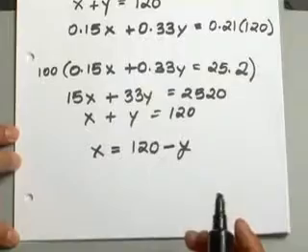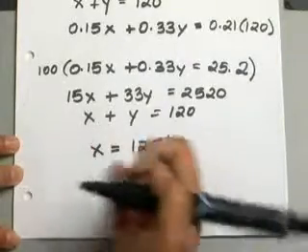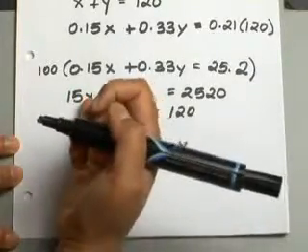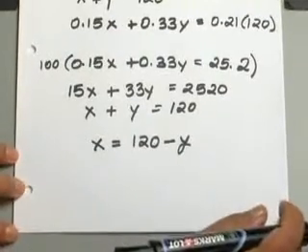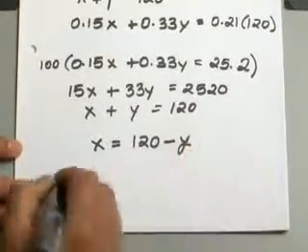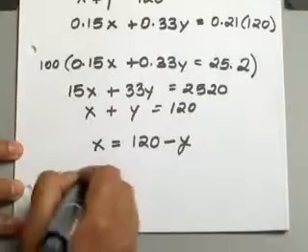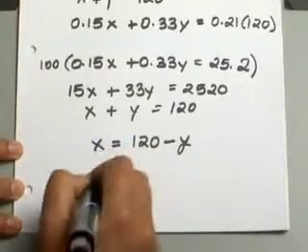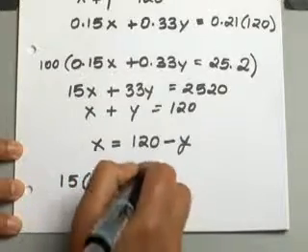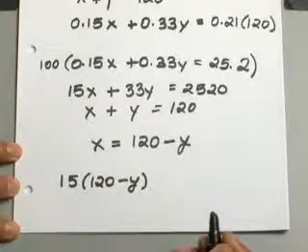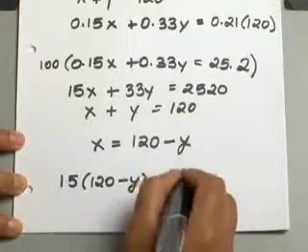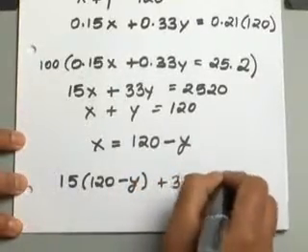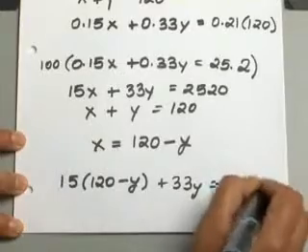Okay? Now all we will do is take this and substitute it into our first equation, which is 15x plus 33y equals 2520. So let's see. 15, substitute your x with 120 minus y, and you have 33y equals 2520.